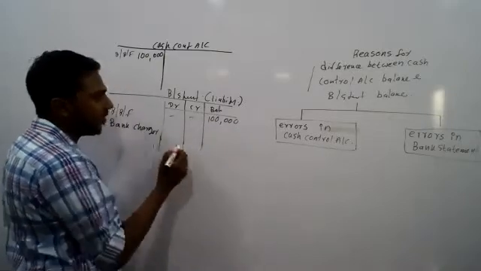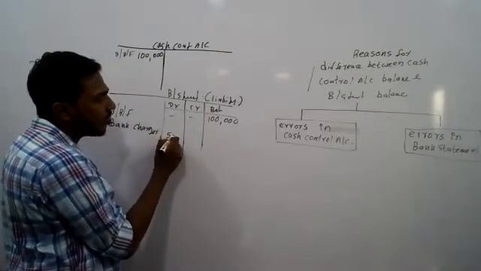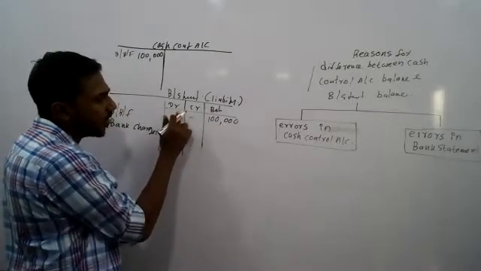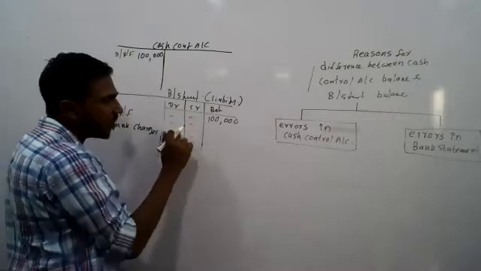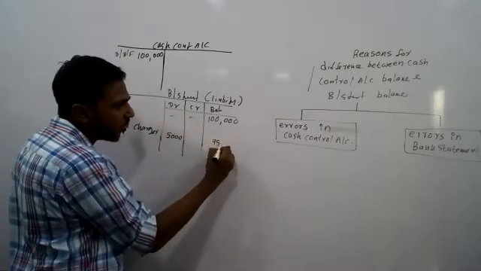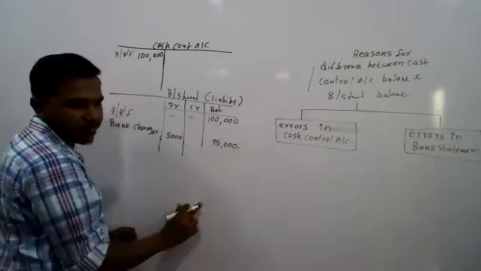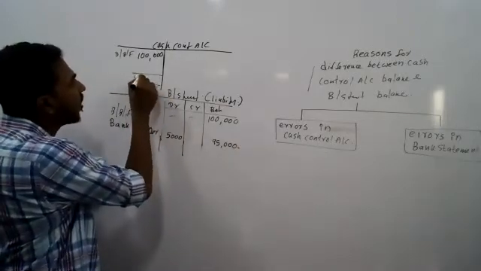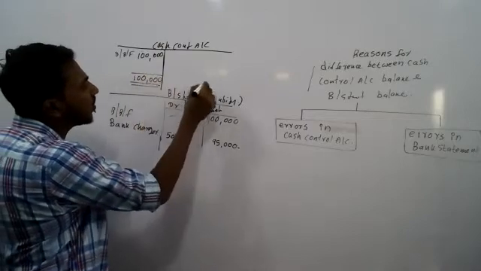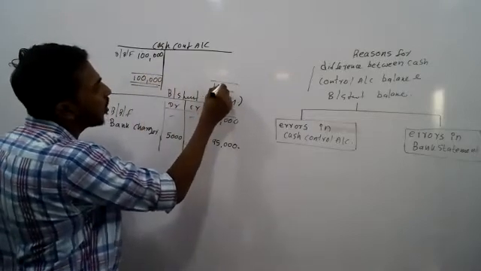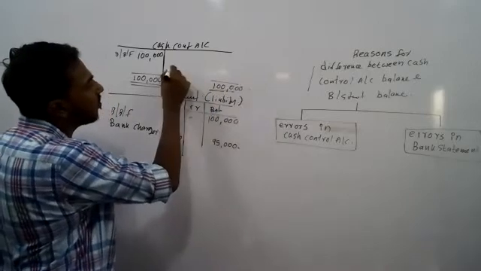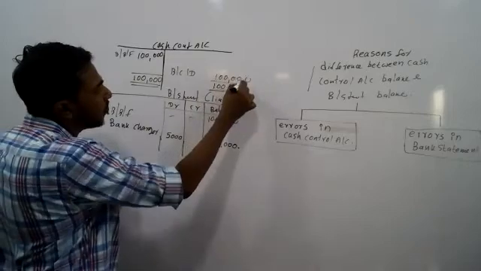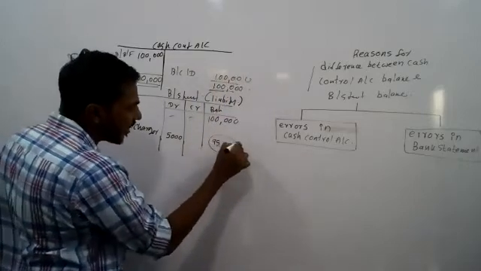So liability decreases. Liability decrease means debit. Now the balance is how much? It had 100,000, and the debit means it's decreased. So here the balance should be 95,000. But look here, at the end of the day, your cash control account balance is 100,000. But the bank statement balance is 95,000.